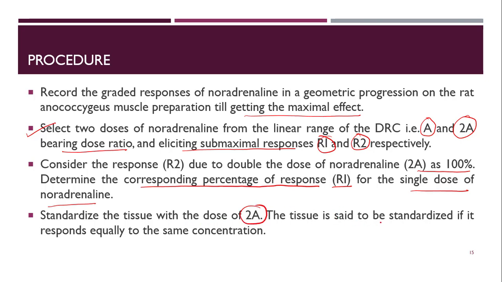Okay, so we have to standardize the tissue with the dose of 2A. The tissue is said to be standardized if it responds equally to the same concentration. That means whatever response height we got with the 2A dose while drawing the DRC of noradrenaline, the same or similar response height we should get once we start with the standardization of the tissue.